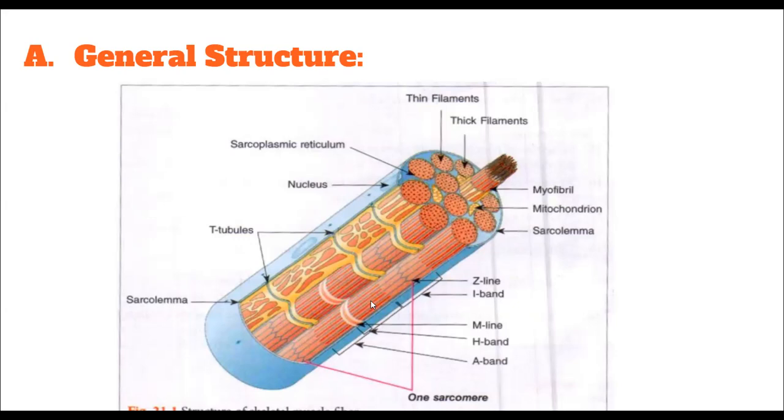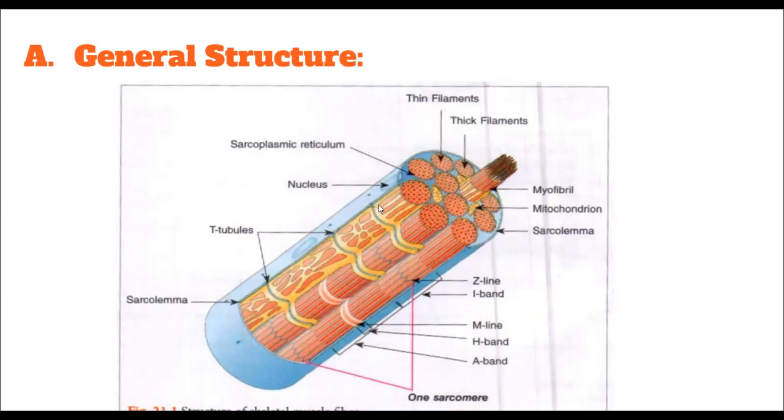When they overlap with each other, with utilization of energy, there is contraction happening. There are cross linkages that happen between them. And these mitochondria and rich endoplasmic reticulum help generate that energy for the contractions to happen. And they're multinucleated.